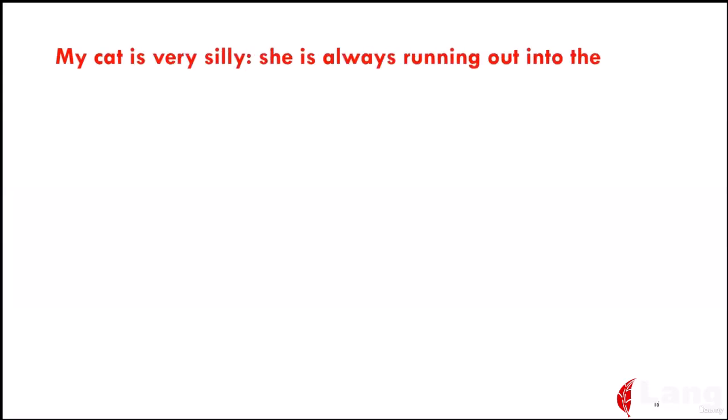Example: My cat is very silly. She is always running out into the road.